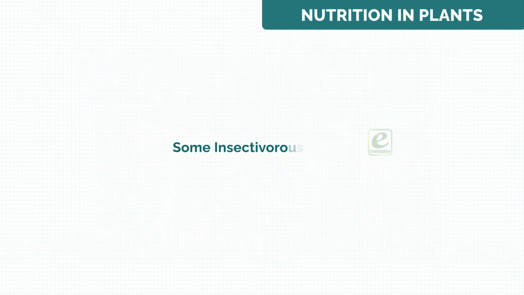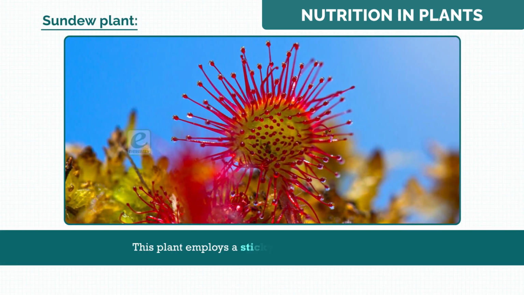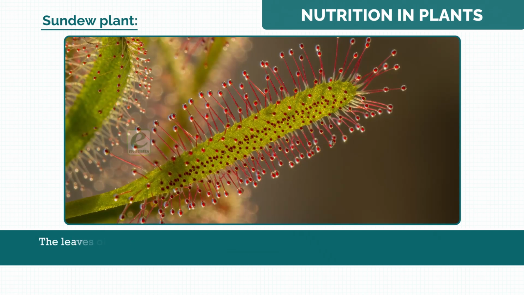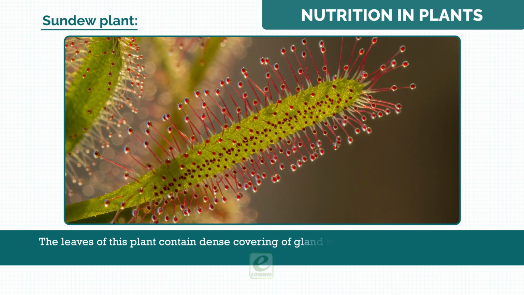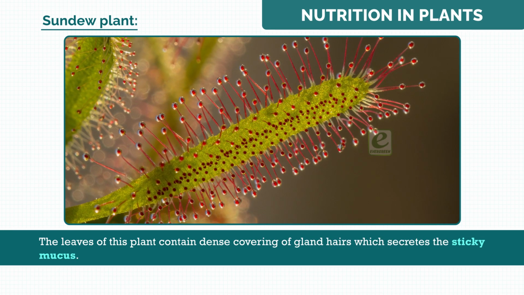Some insectivorous plants. Sundew plant. This plant employs a sticky mucus to trap its prey. The leaves of this plant contain dense covering of gland hairs which secrete the sticky mucus.